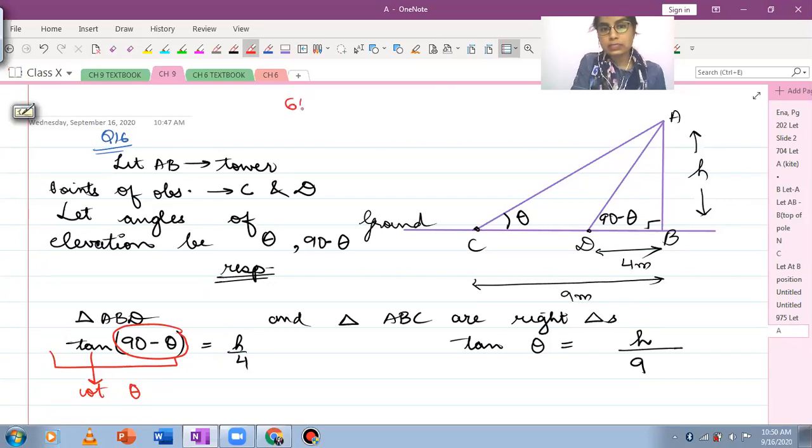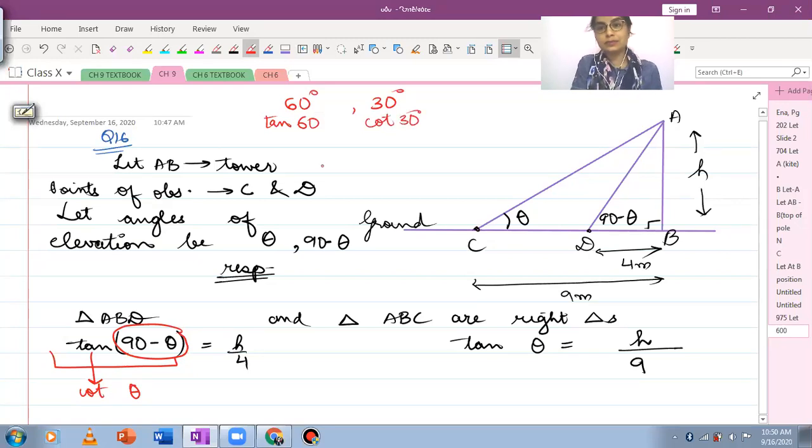If you consider 60 degrees and 30 degrees, these are complementary angles because the sum is 90 degrees. So tan of 60 is same as cot 30. So this is what we're using here. You don't have to remember much, but you can just remember this, that tan 90 minus theta will be cot theta, and hence this is what we get.